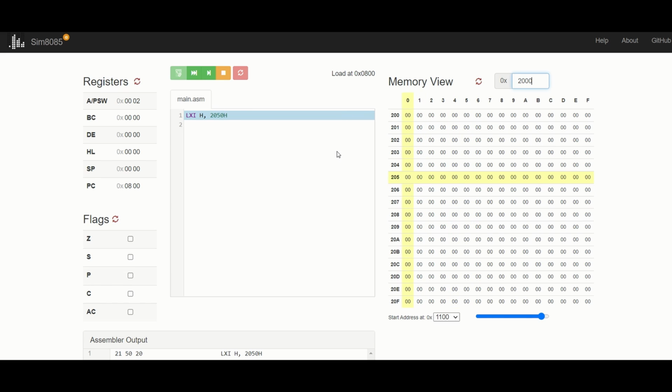You can see, at 2050, what is there right now? Nothing, and nothing will come, remember, because we are loading 2050 in the HL register pair. See what is stored in HL right now: 00. When I run it, what has come in HL now? 2050. And to check the opcode, see where the program counter is indicating: 0803.